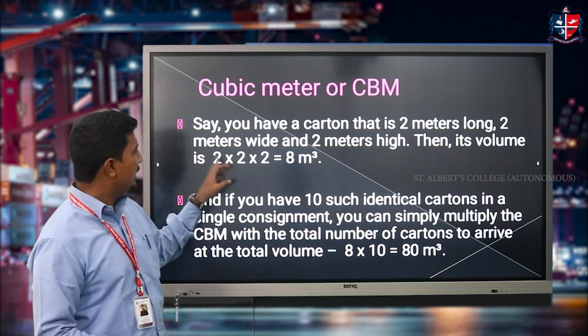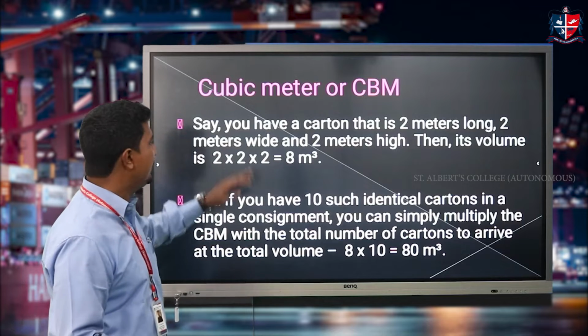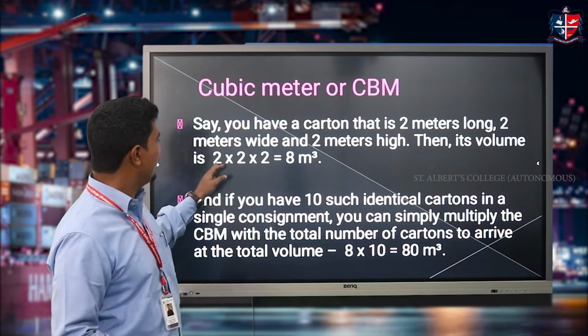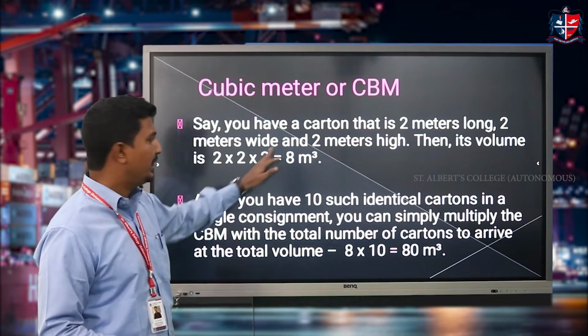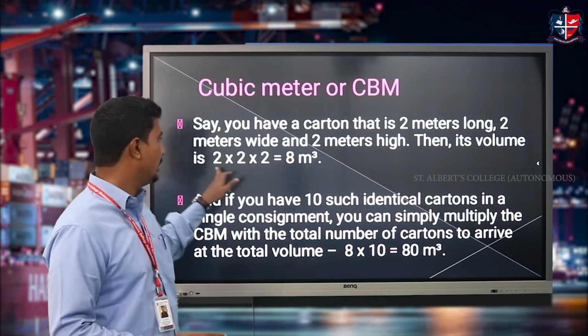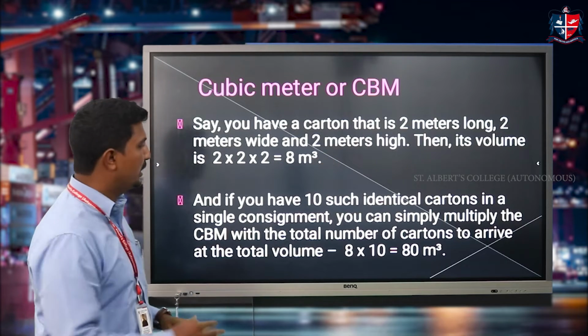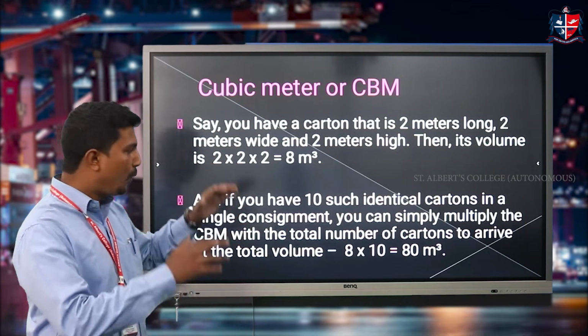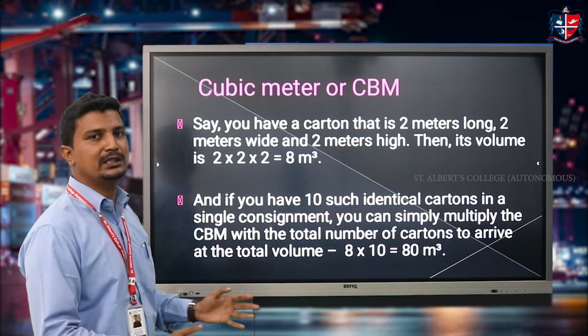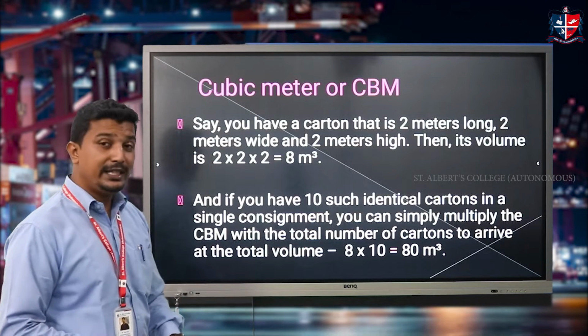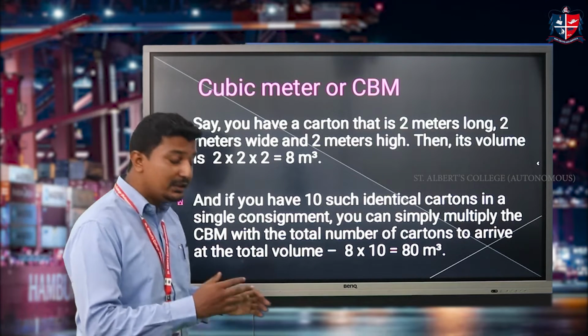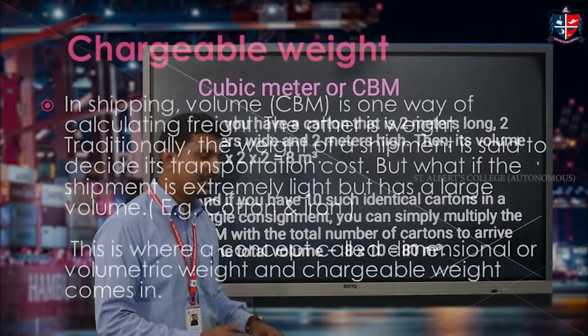So 2 into 2 into 2 into the number of boxes: 8 into 10 gives 80 cubic meters, 80 CBM.